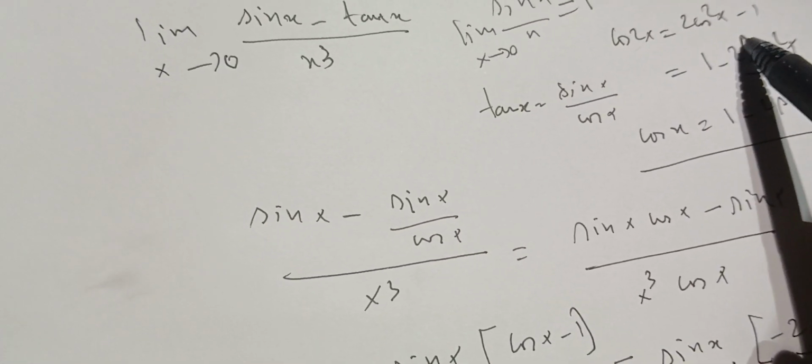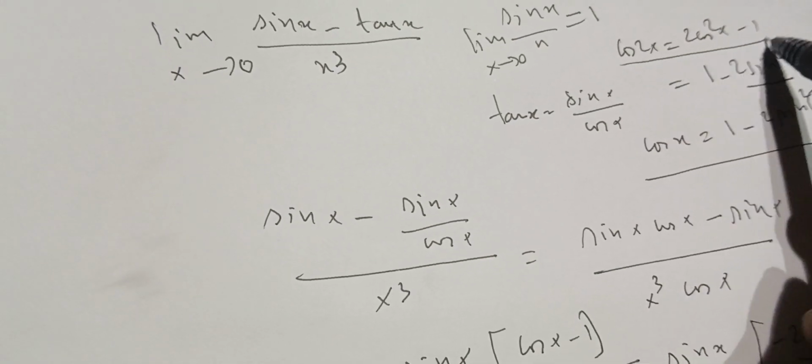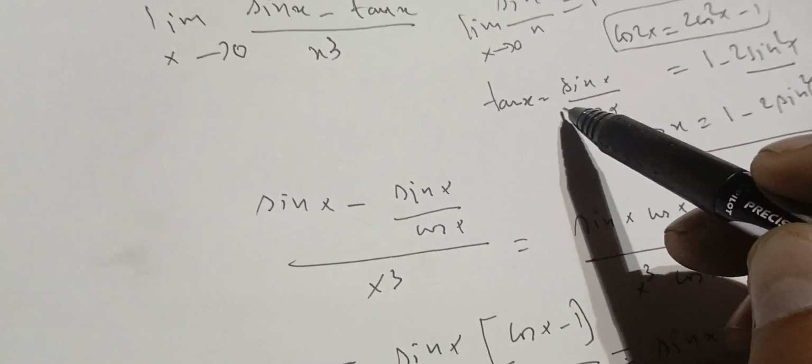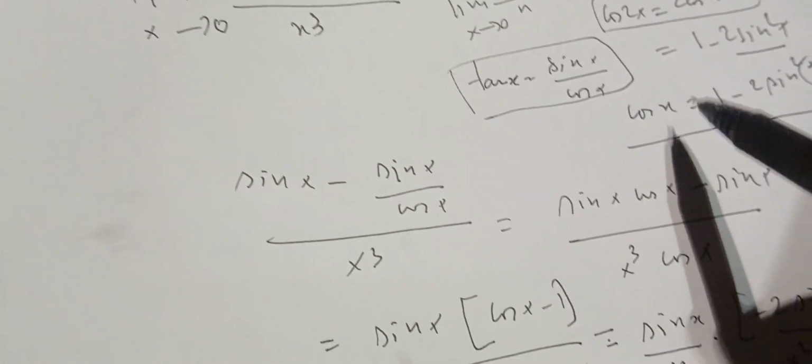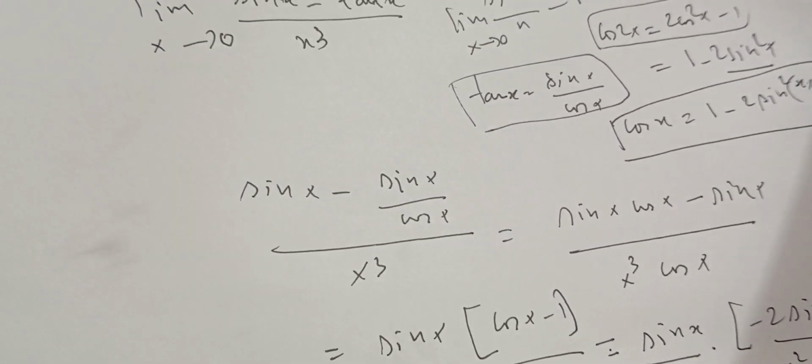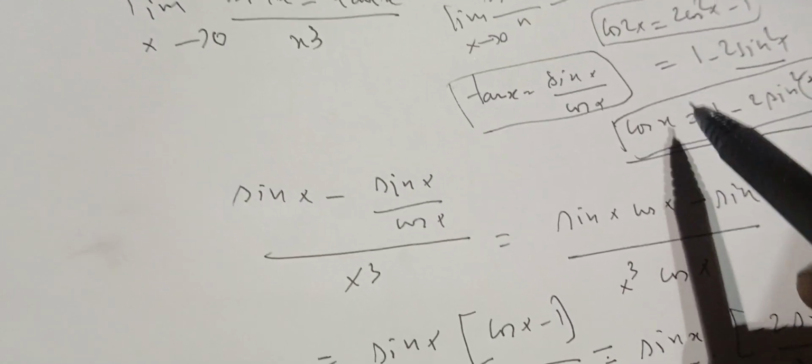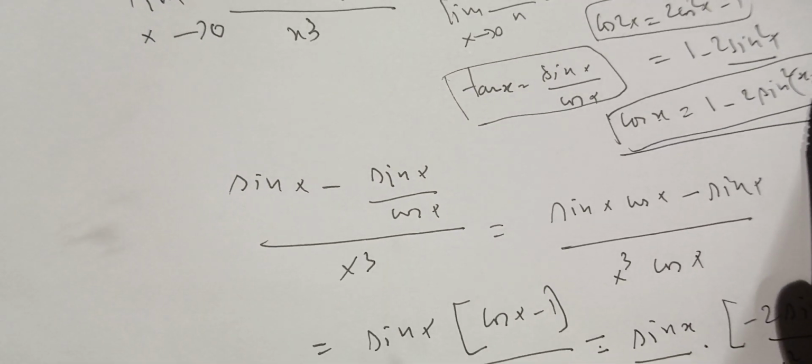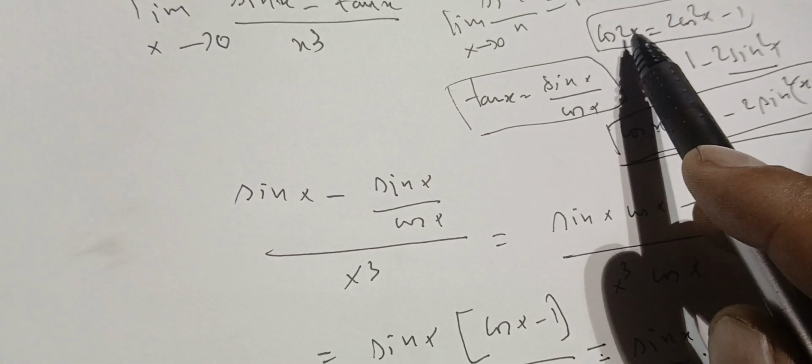This one here is very famous. Remember, this is the definition of the tangent. This is just the change. Here we have 2x, but when we use x, we change to x over 2.